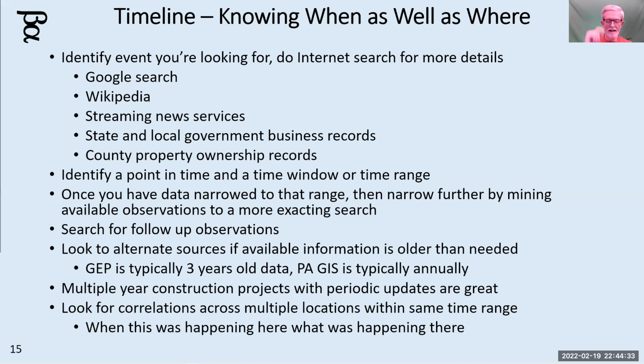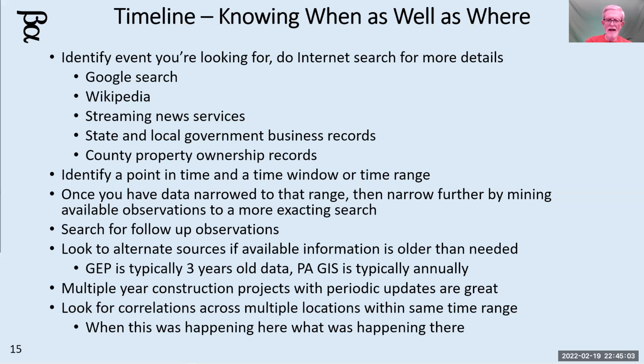But there's another place that typically, by local legislation, has to update its aerial imagery annually. That's Property Appraiser's Geographic Information System websites. So that's a good place to look if you say, gee, this Google Earth data looks a little old. Isn't there anything newer? Well, flip over to the county specific property appraiser's site, and you can probably find stuff that's a year old or less.